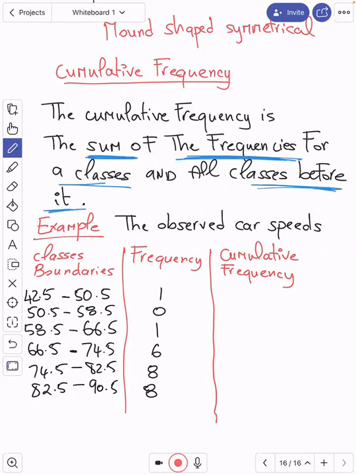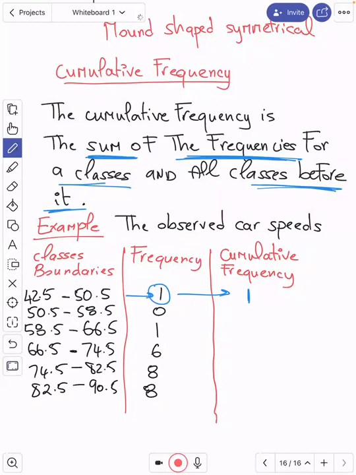If you take the first class, the frequency of the first class is 1, so it's going to be 1 plus the frequencies of the classes before it. But before the first class there is no class, so the cumulative frequency of the first class is just the same as the frequency. So it's just equal to 1.